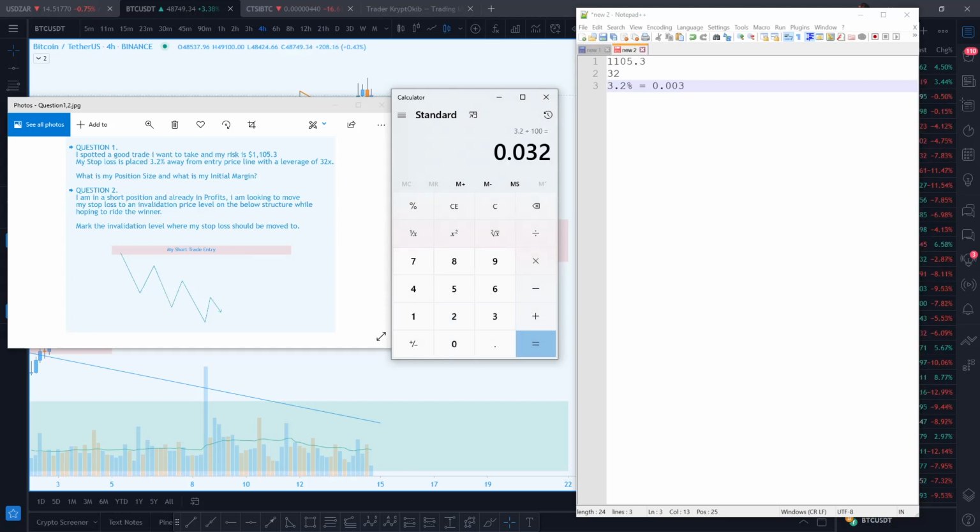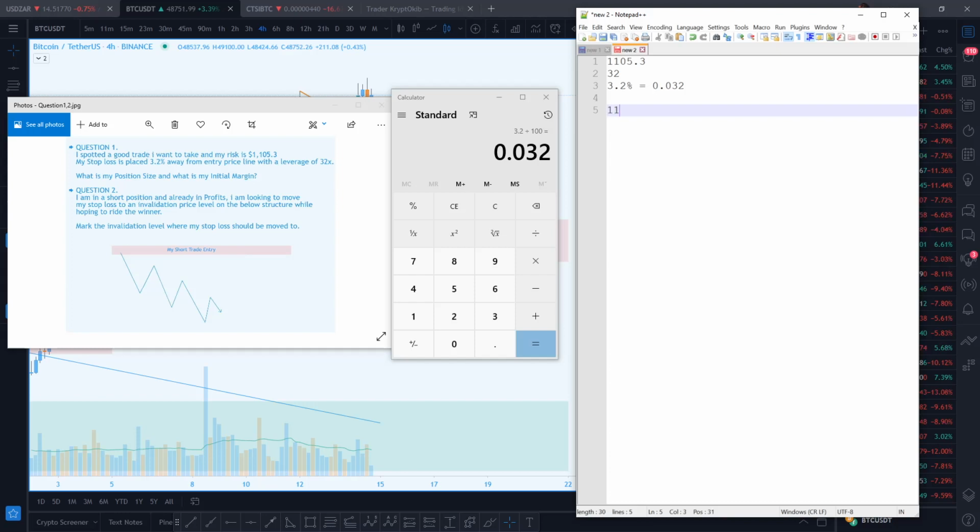Sorry about that. So that is the same thing as 3.2% away, right? So how do we calculate position sizing? You all know to calculate your position size is to divide your risk by the distance to stop.